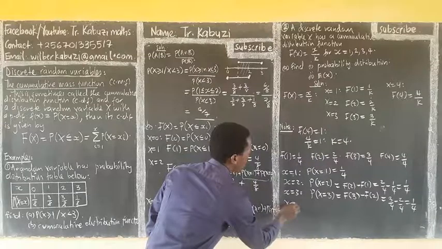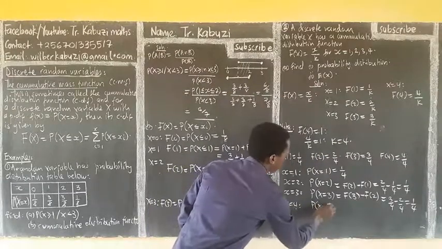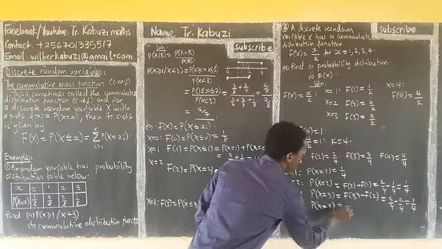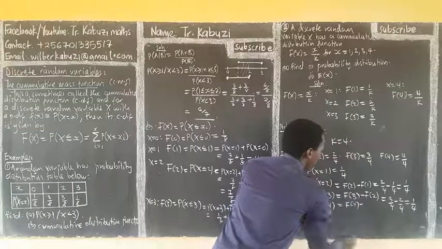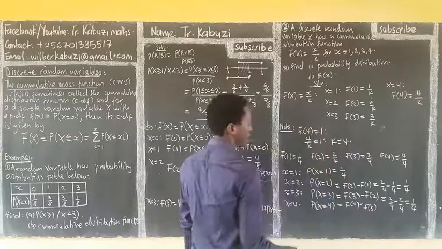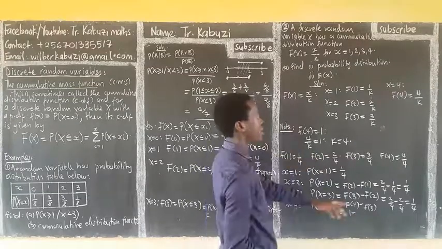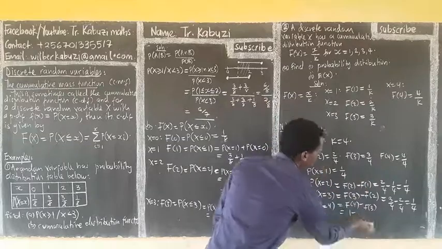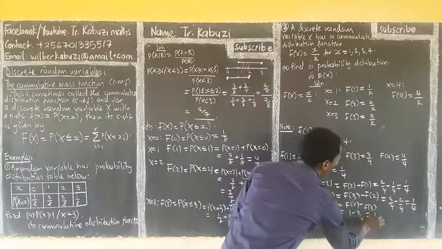Then when x is 4, the last, I get my probability as F of 4 minus the one below it, F of 3. This gives 1 minus 3 over 4, which is a quarter.